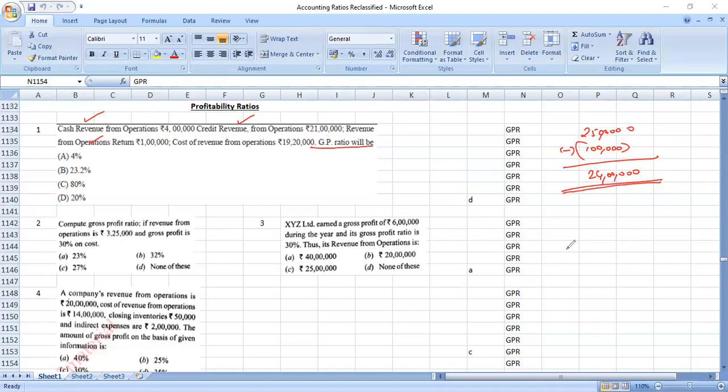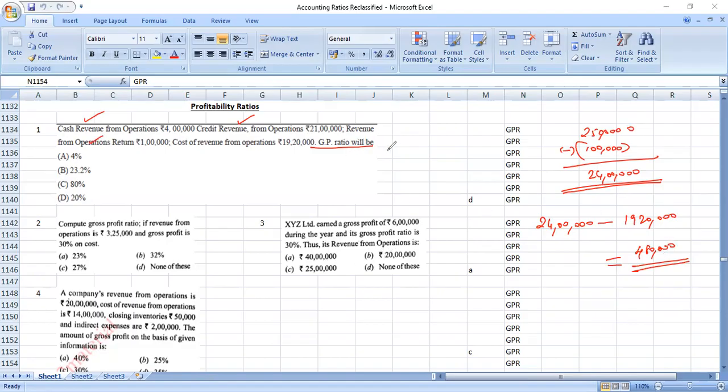They're asking for GP ratio, for which you need the gross profit. So revenue from operation minus cost of revenue from operation, which is 19,20,000. 24 lakhs minus 19.2 lakhs, 4,80,000 is the gross profit.